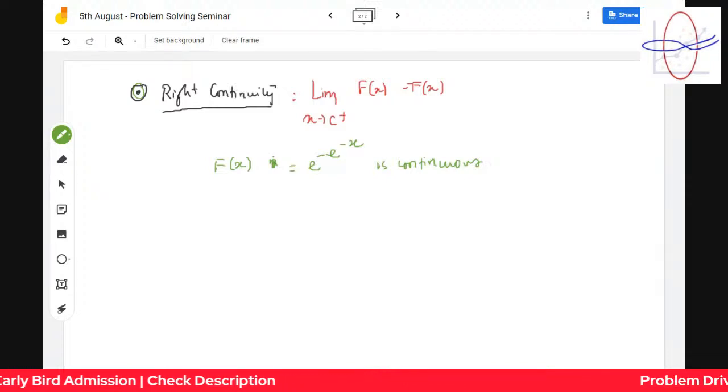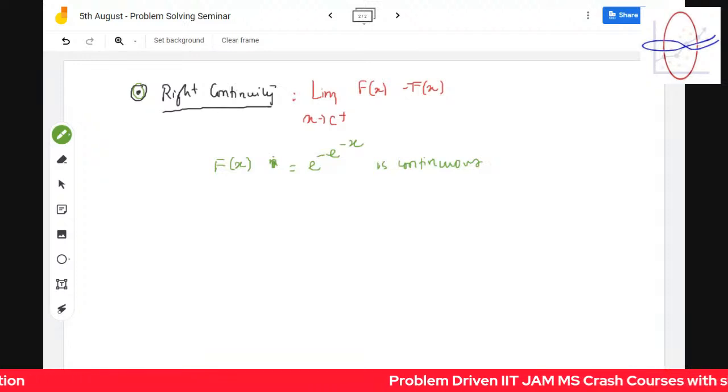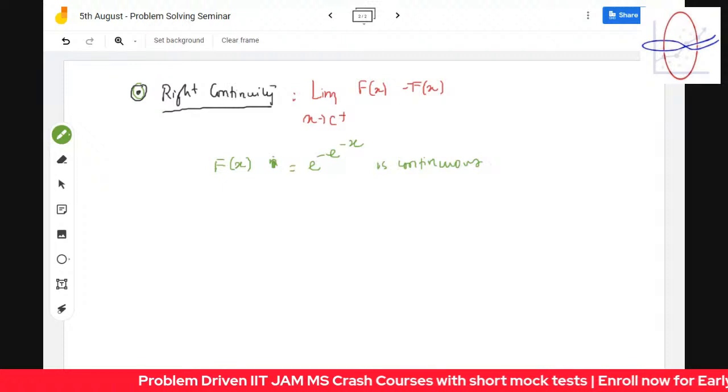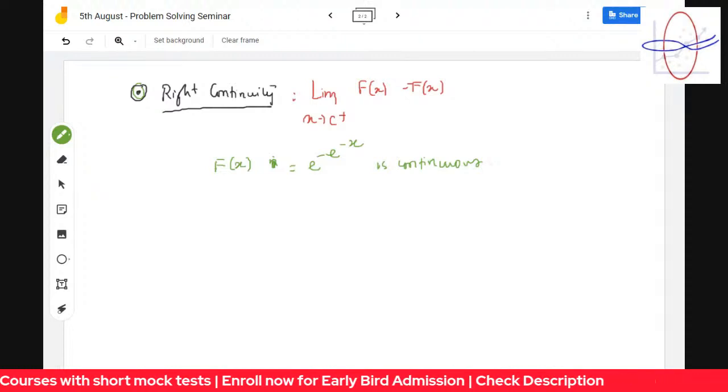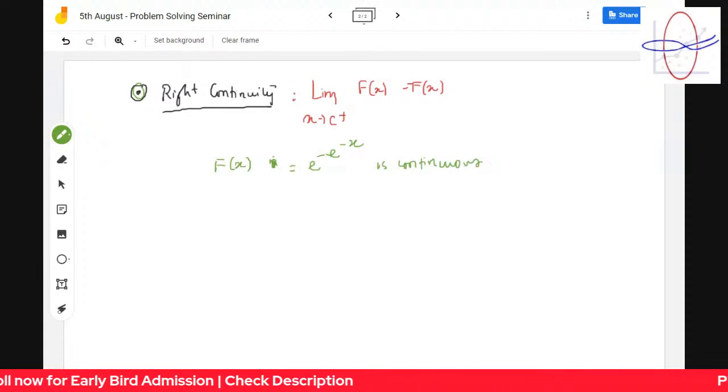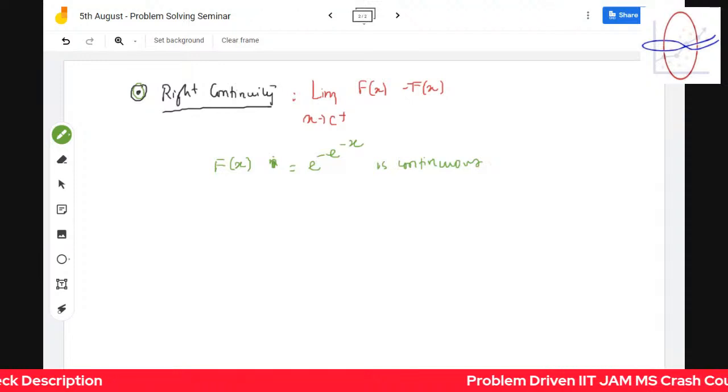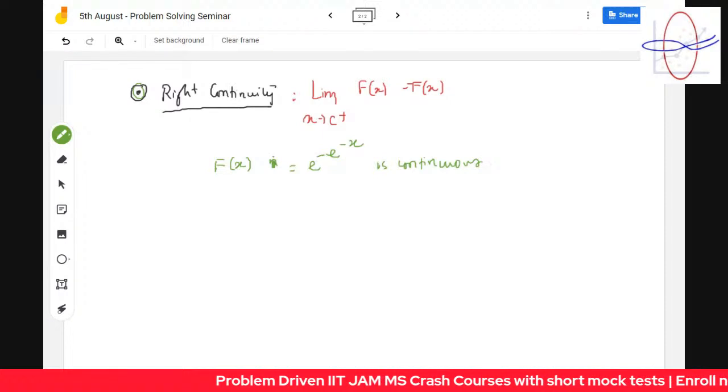Let me check. My audio is inconsistent. I don't know if it's the same thing on the wave actually.